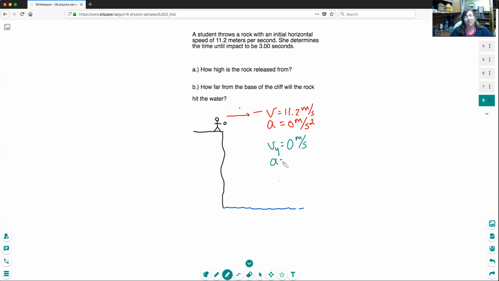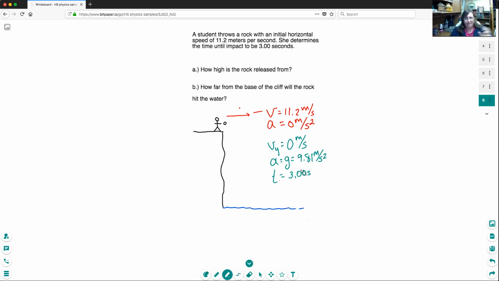Acceleration in the downward direction: this time we're dealing with gravity, the acceleration due to gravity, g, which is, as we know, 9.81 meters per second squared. And we're told that it takes a time of 3.00 seconds for that rock to hit the water.